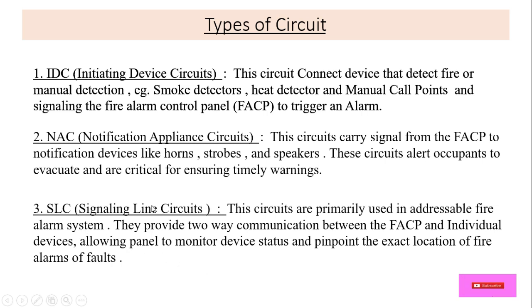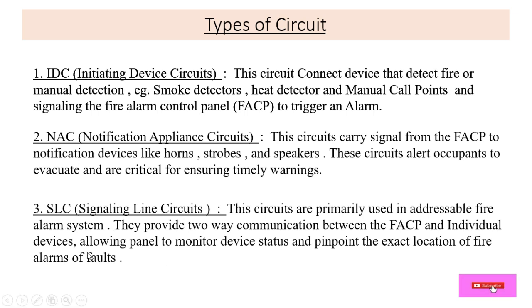This is the advantage of the signal line circuit, SLC, in the addressable fire alarm system, and it also allows the panel to monitor the exact location of fire alarm faults.